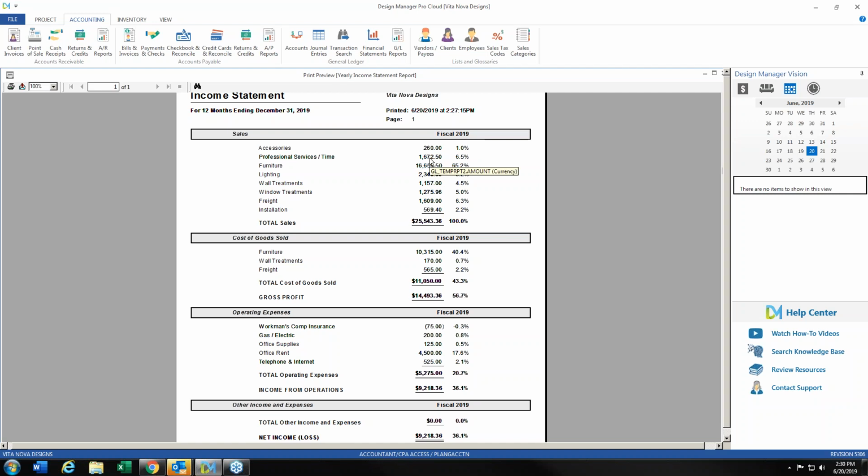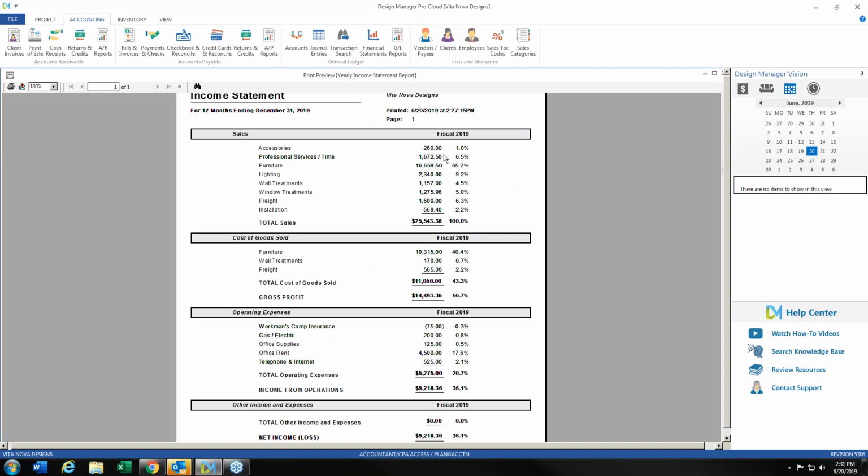So if you were ever wondering, I know how much I made in gross sales last year or quarter or month, I wonder how much of that is made up of time billed. How much did I make from time? In this particular situation, it was almost 7%. So as you can see, this test design firm is making most of their money on furniture sales.